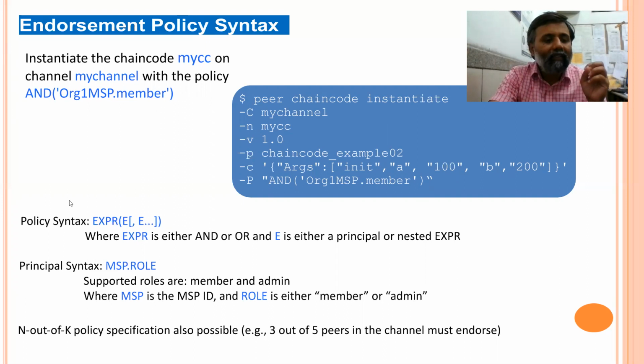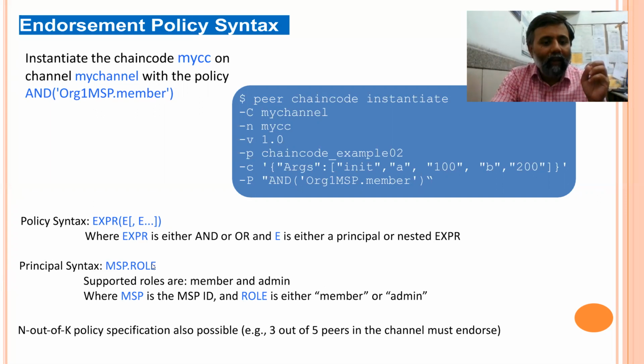The simple syntax of the endorsement policy is like this, where the expression is like AND, OR, and this E may be a principal value or it may be a nested expression. For example, it is in the form MSP.role.